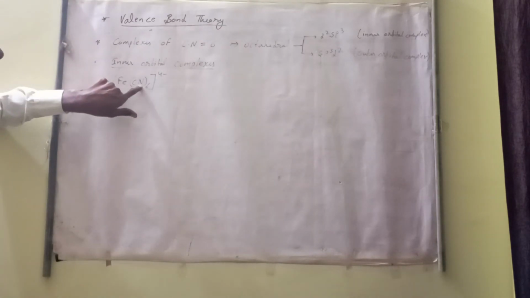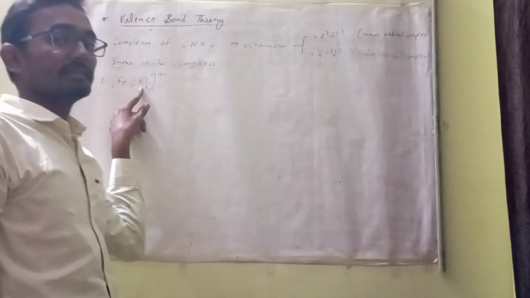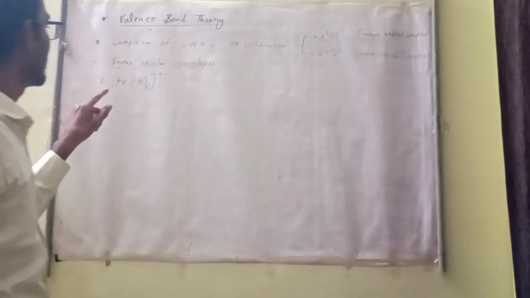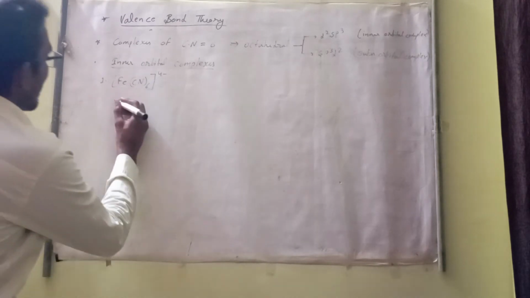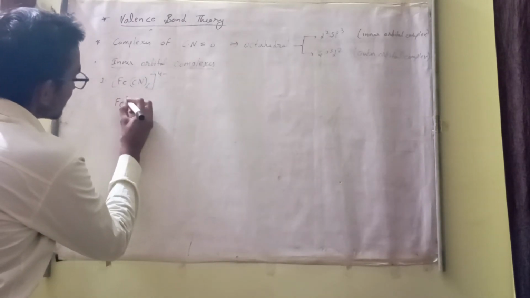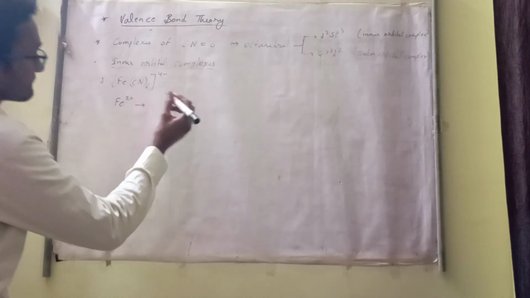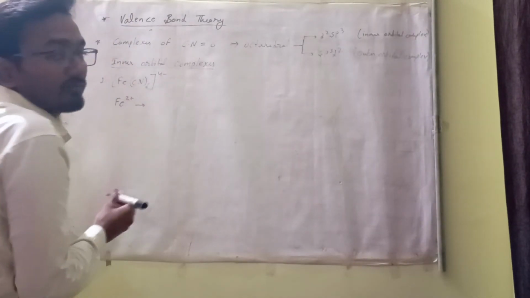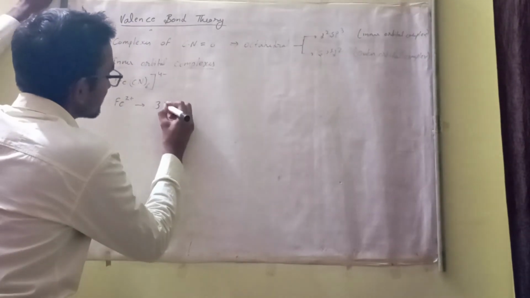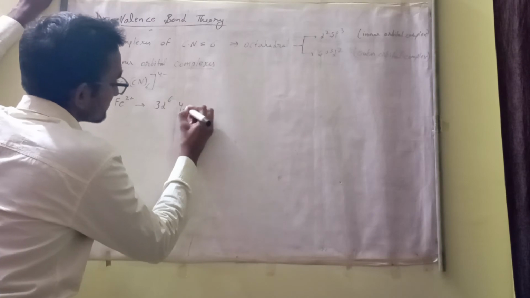In this case, we find that coordination number is 6. That means it is either sp3d2 or d2sp3. And we find that the oxidation state of iron is +2. Here iron is in +2 oxidation state. And the electronic configuration of Fe2 plus is 3d6 4s0.